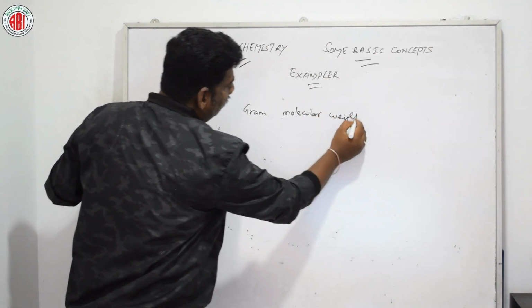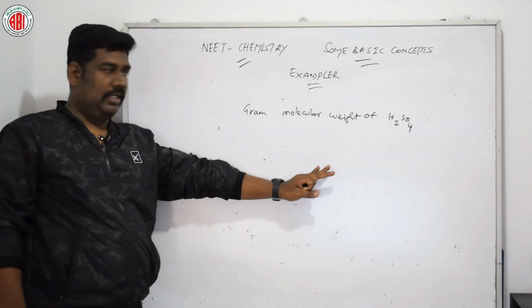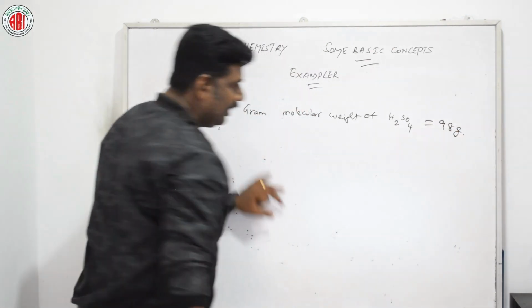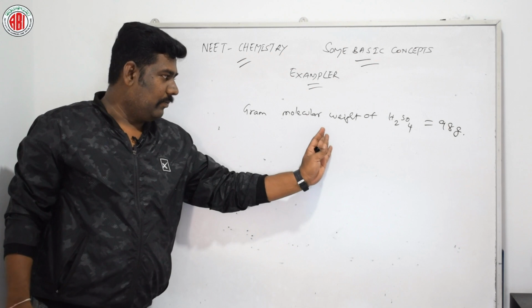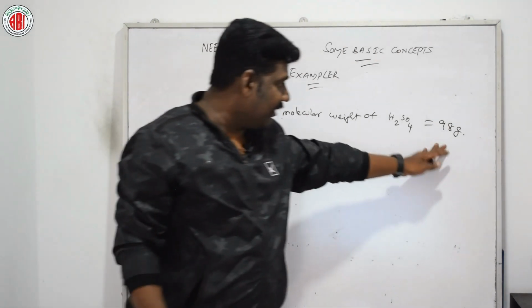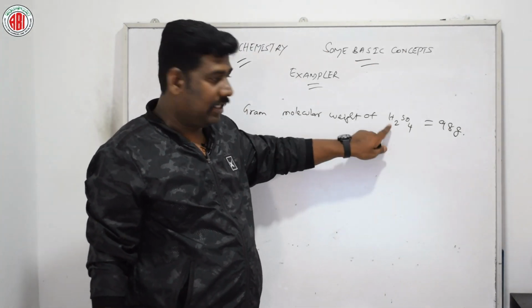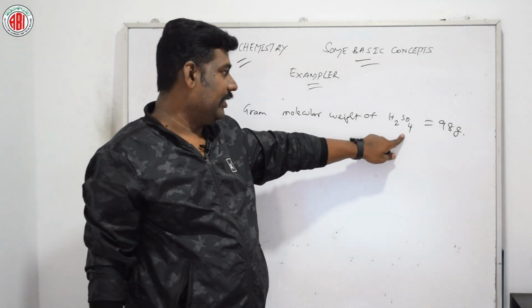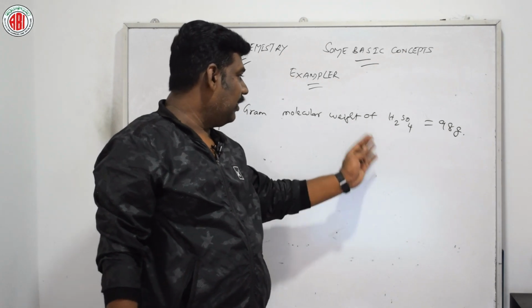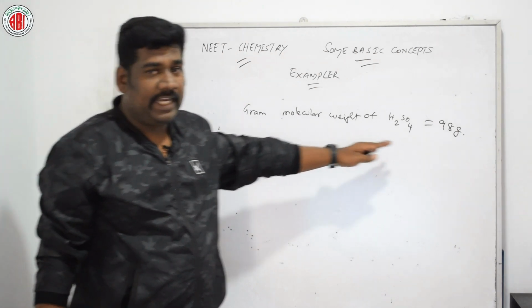So this is 98 gram. How many elements are there in the compound? 3 elements: hydrogen, sulfur, oxygen. Overall the molar weight is 98 gram.